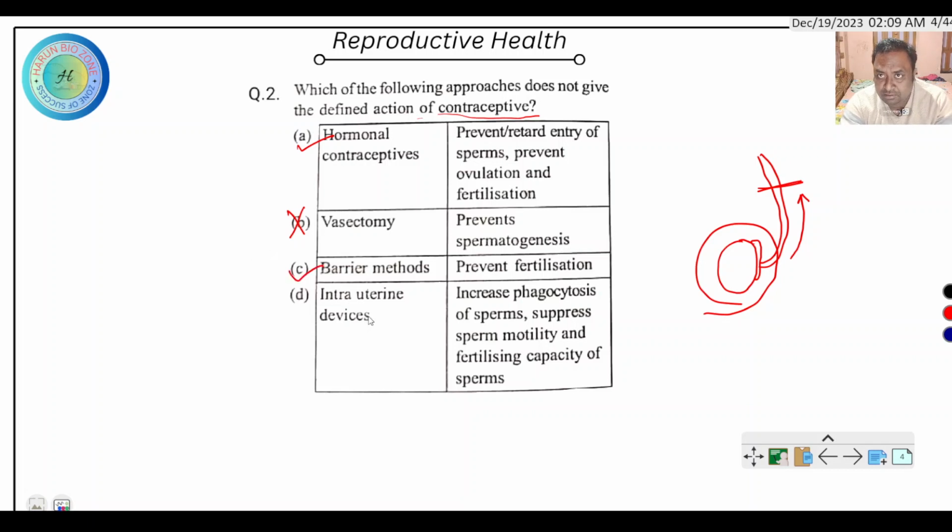Intrauterine devices like Copper T, LNG, etc.: copper ion increases phagocytosis, which reduces sperm motility and causes death of sperm, suppressing sperm motility and fertilization capacity. This is also right. So all of these are methods of contraception, but here only vasectomy is the wrong answer. Okay. Next question.